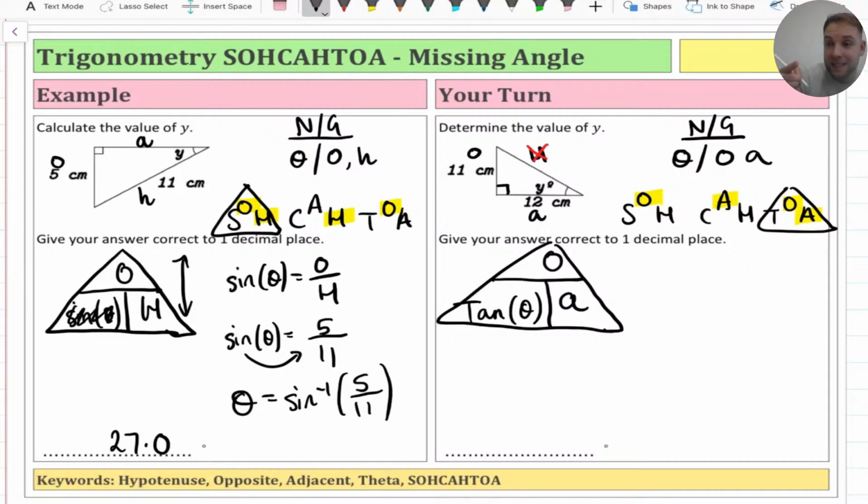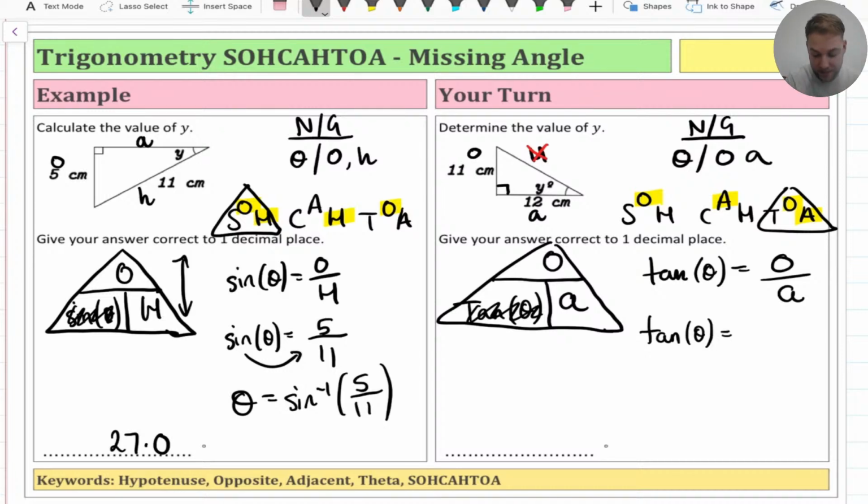And then I'm trying to find the angle, so I'm going to cover up tan of theta, which gives me tan of theta is equal to opposite over adjacent. I substitute in the things that I know. So tan of theta is equal to my opposite, which is 11, over my adjacent, which is 12.